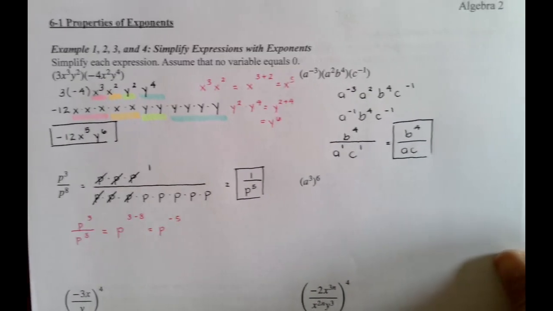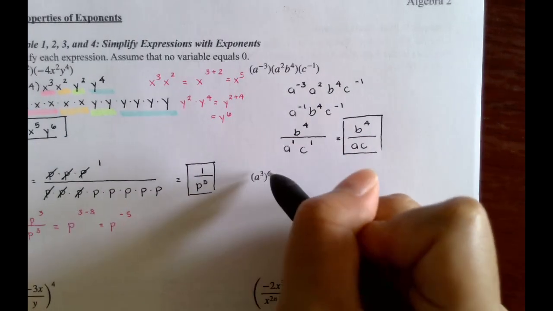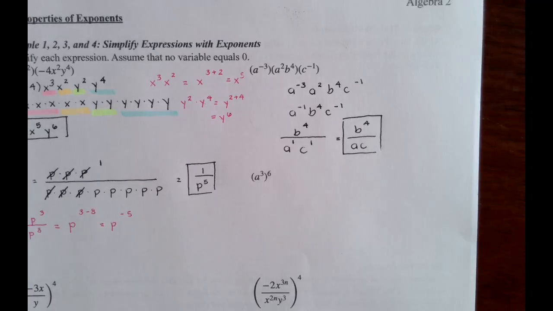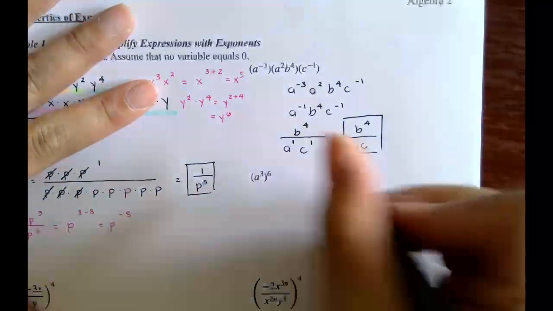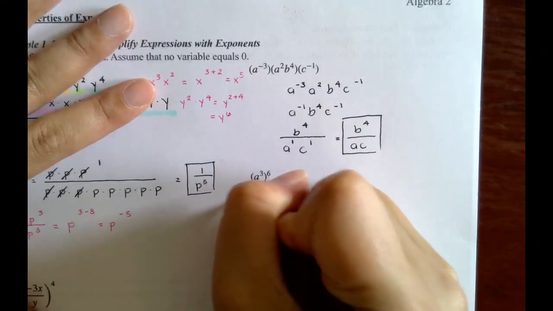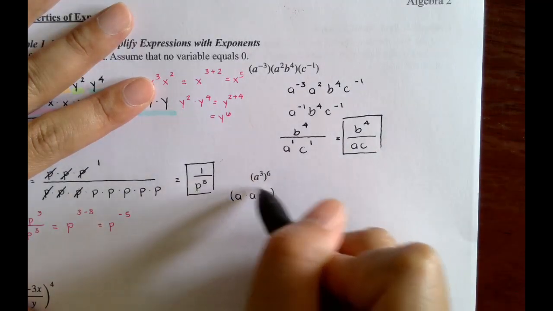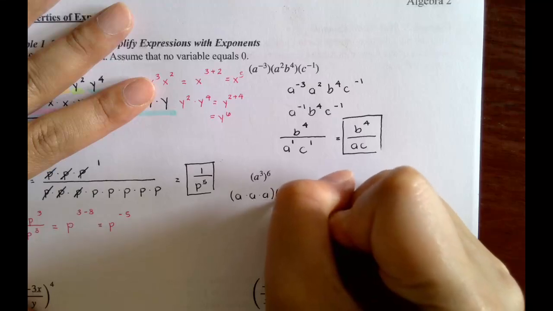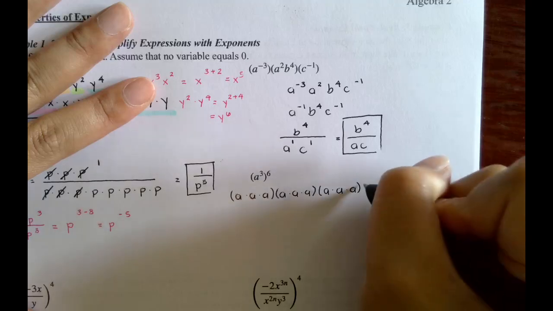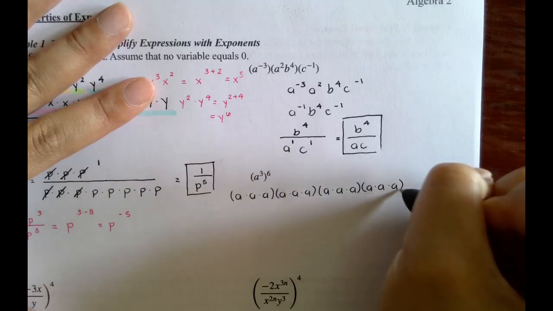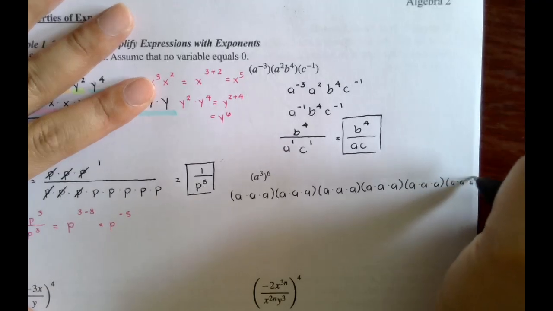Okay. So then let's try the next one. A to the third, the quantity of a to the third, or a cubed, raised to the sixth power. Right? So remember, a to the third is a times a times a. So this is a times a times a. Okay, but this is being raised to the sixth power, so we're going to do this 6 times. 4, 5, 6, right?